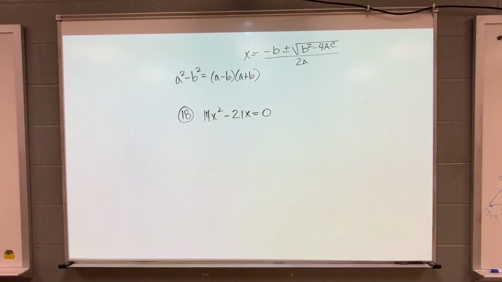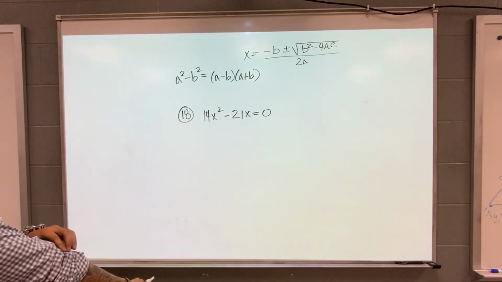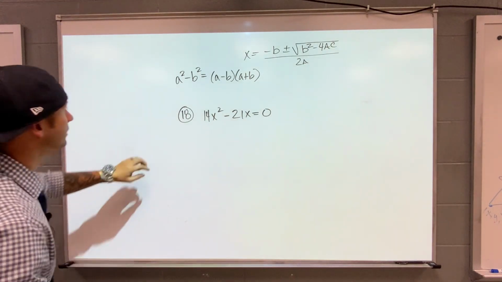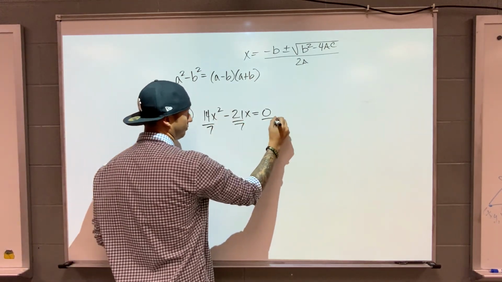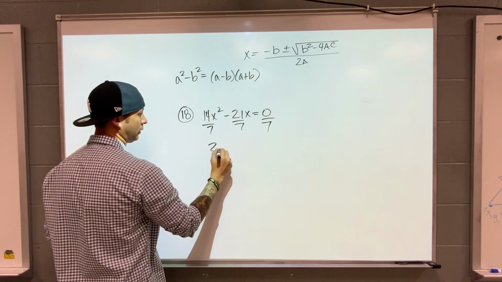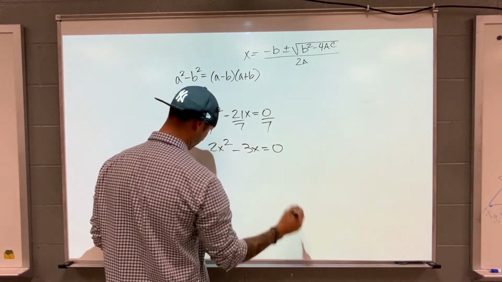Okay, number 18. 14x squared minus 21x equals 0. I think we can factor out a 7. So this is going to be 2x squared minus 3x is equal to 0.